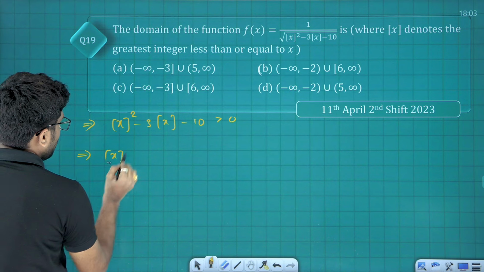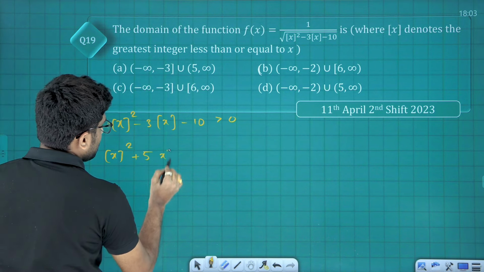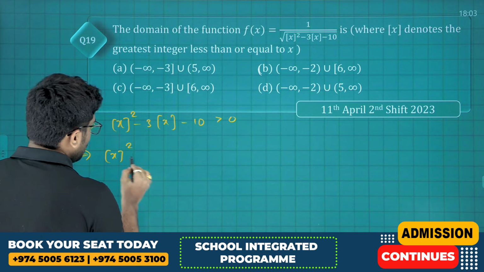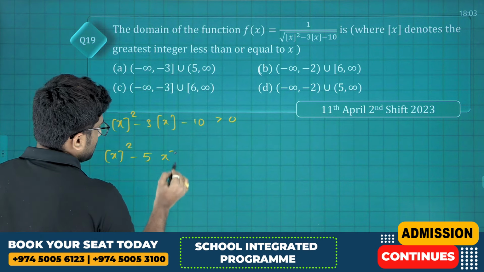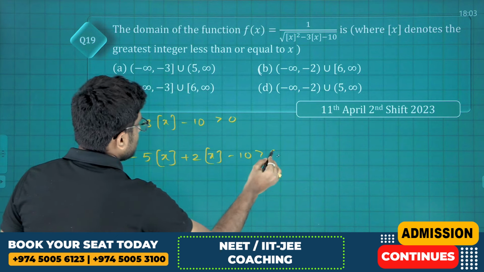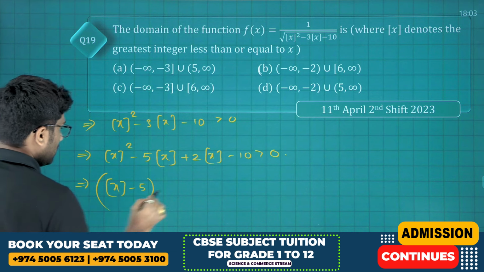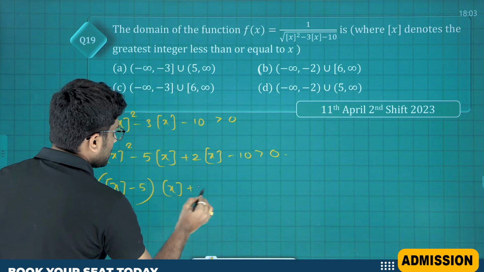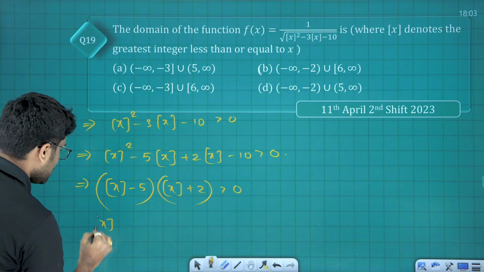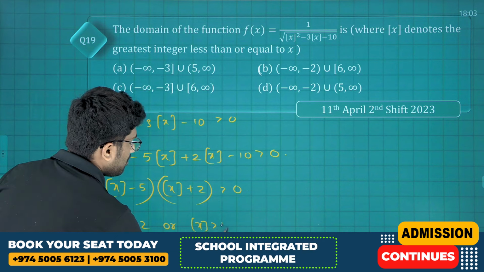We can factorize this: [x] minus 5 into [x] plus 2 greater than 0. So clearly [x] is less than minus 2 or [x] is greater than 5.